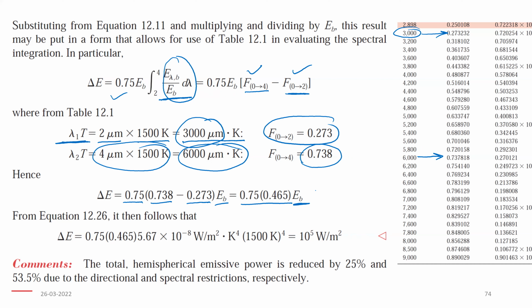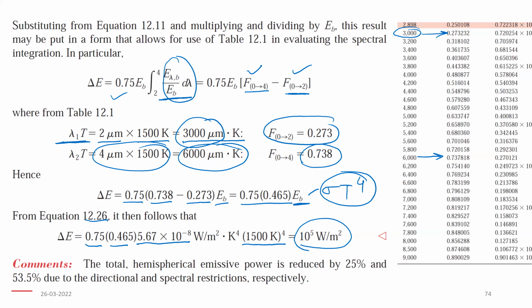We know EB is given by sigma T raised to power 4, from equation 12.6. I can put in this value 0.75, 0.465, and sigma value 5.67 into 10 raised to power minus 8, which is the Stefan-Boltzmann constant, multiplied by 1500 Kelvin raised to power 4. The value comes out to be 10 raised to power 5 watt per meter square.